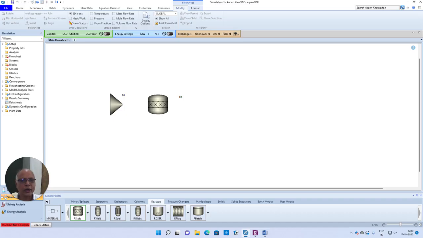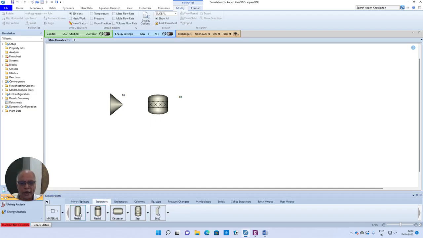But we wanted to get the composition of the flue gas on a dry basis. So how will you be able to get the composition on a dry basis? So I'm trying to use a component separator by which I'll be removing water. So whatever gases that are coming out here will be representing the composition of the flue gas on a dry basis.